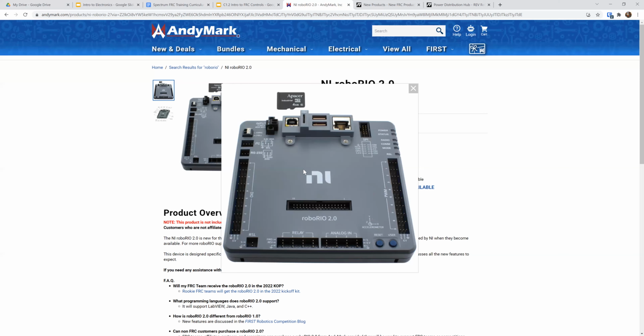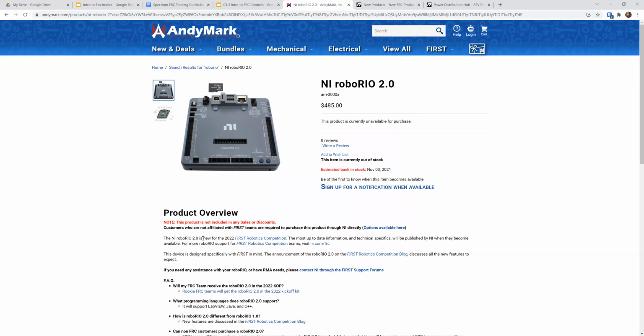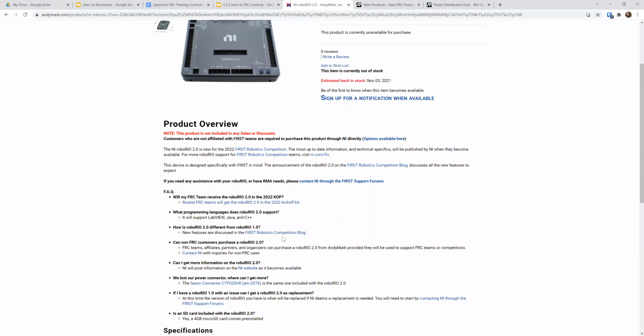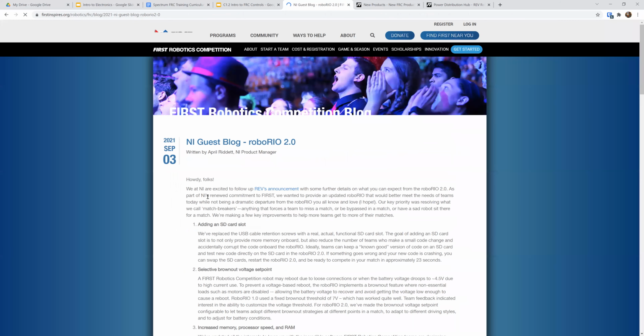They didn't do it just because. They did it because they think that it will provide a better experience. I'm just not as convinced. And then the processor is a little bit faster. There's a little bit more RAM or memory. There is a blog that discusses some of those differences.